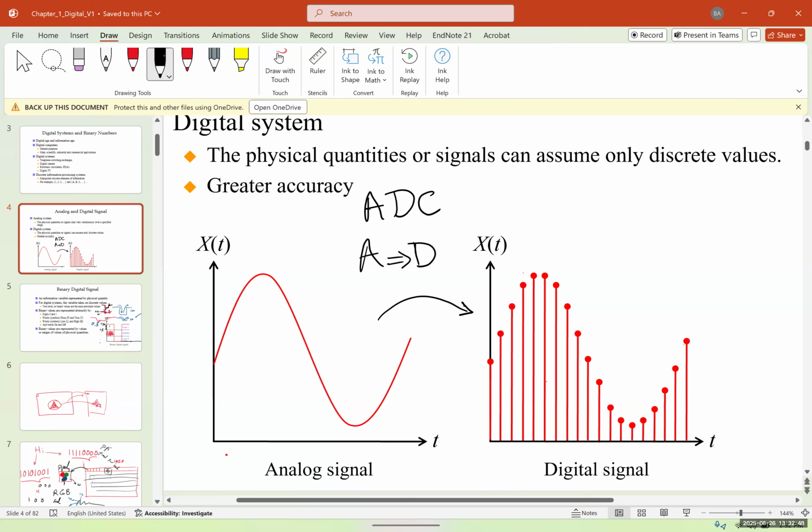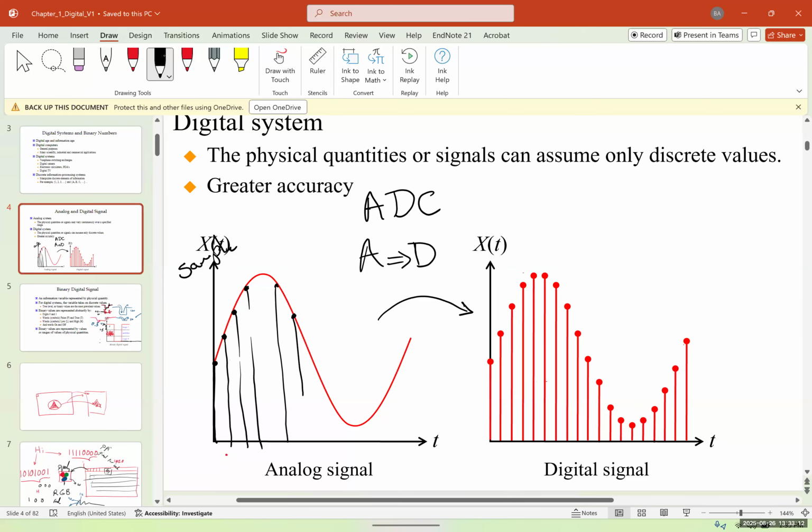Well, what we do is called sampling. So we can sample at each time. I can say I'm going to sample at 0 seconds, then at, for example, 1 second, 2 seconds, 3 seconds, and so on.